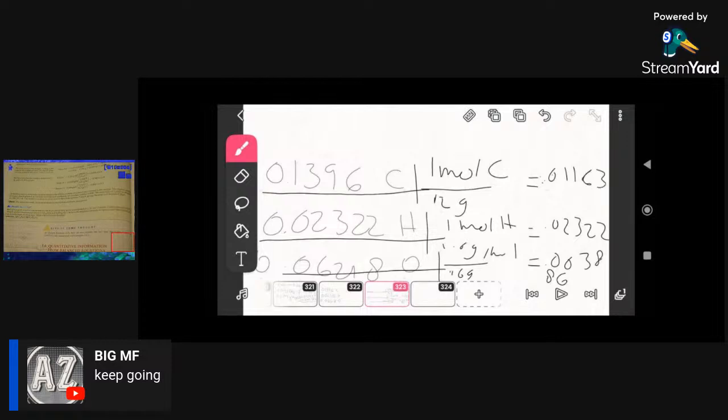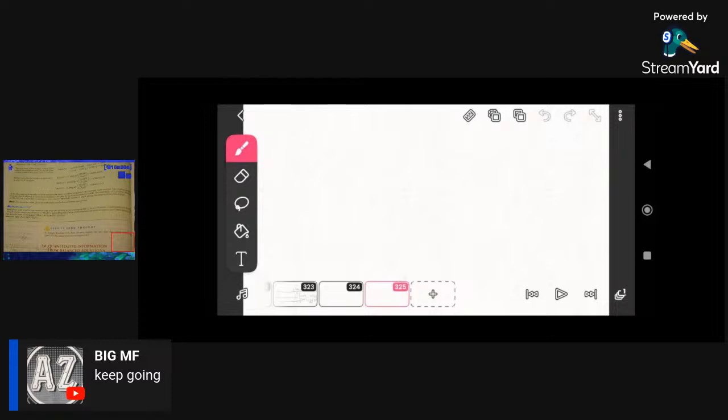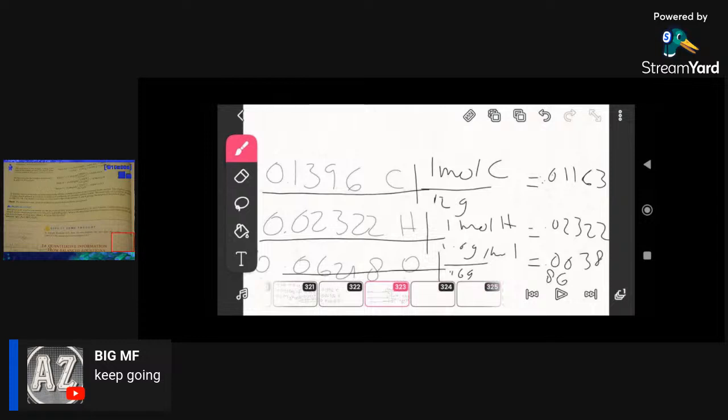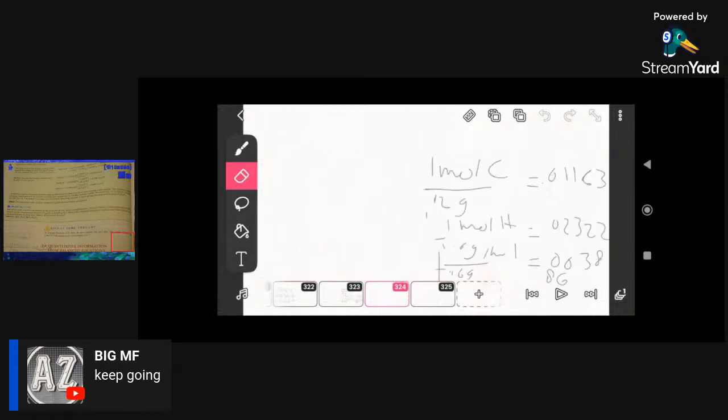Bam. All right. And so now we're going to divide by the smallest number, which I think is the oxygen. So divide all these numbers by that oxygen. So it's going to equal 1.